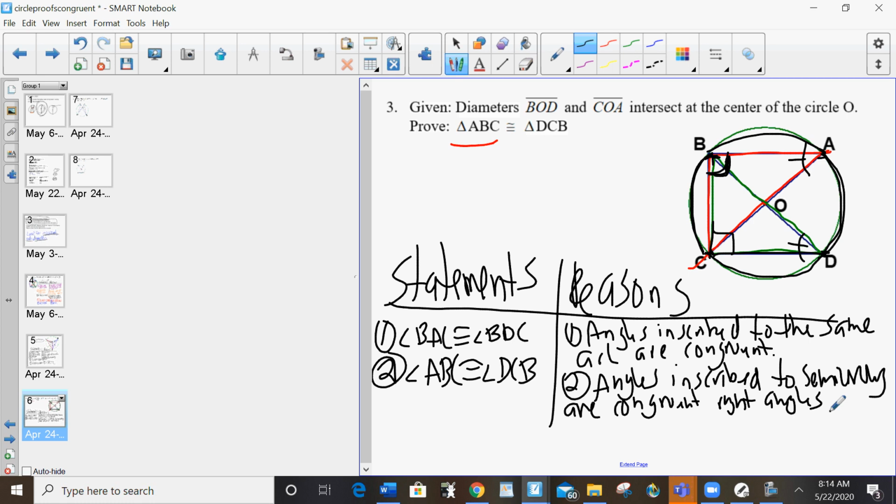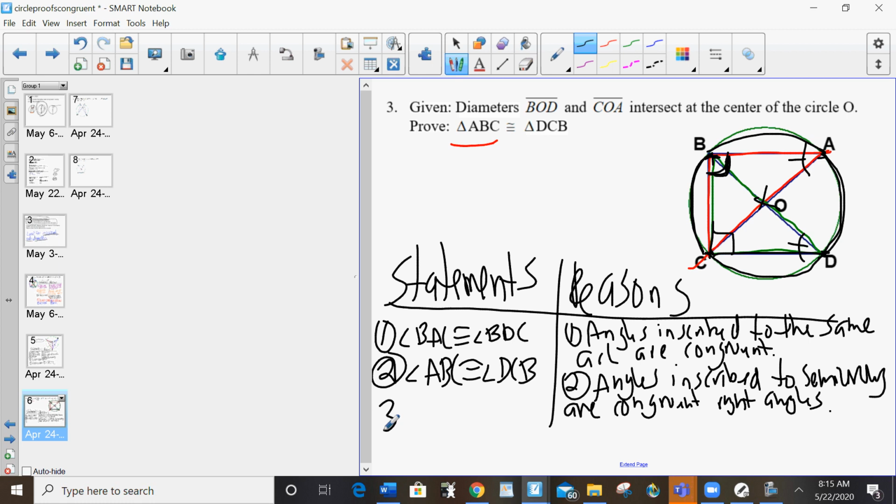I don't see any more radii. Well, I don't see any more inscribed angles. I do see radii, but they're not going to help me here because they're not sides of the triangles I'm trying to prove. However, I do see diameters, and the diameters are sides that I'm trying to prove. CA is a diameter, and CA is in the red triangle. BD is a diameter, and BD is in the green triangle.